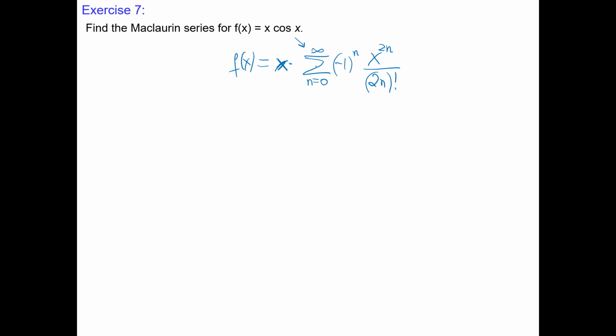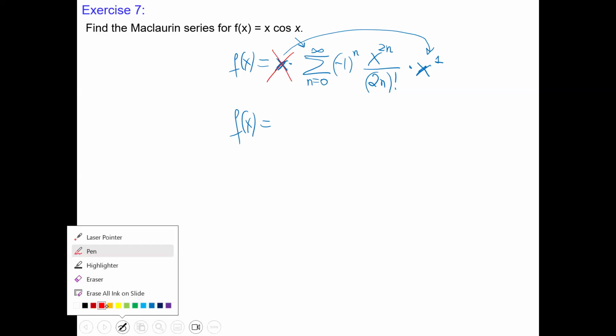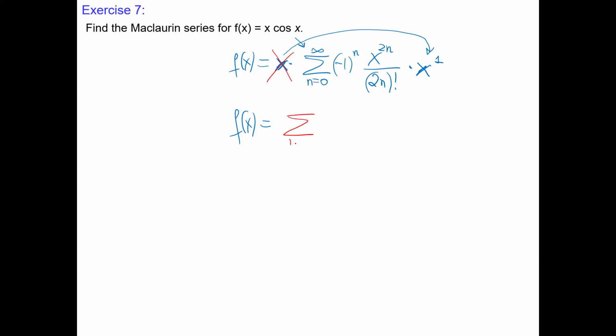And now that x, I can move behind the sigma. That means we may remove this one, and the final answer will be the summation of -1 to the n, x to the power of 2n plus 1, over 2n factorial.